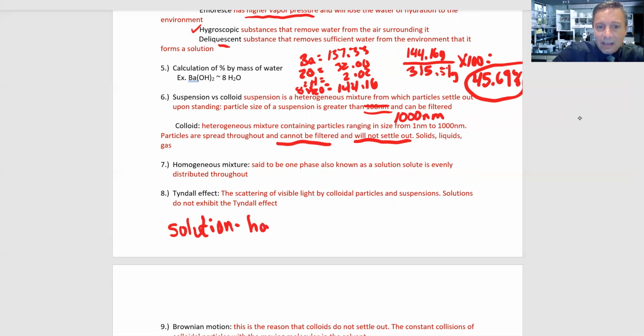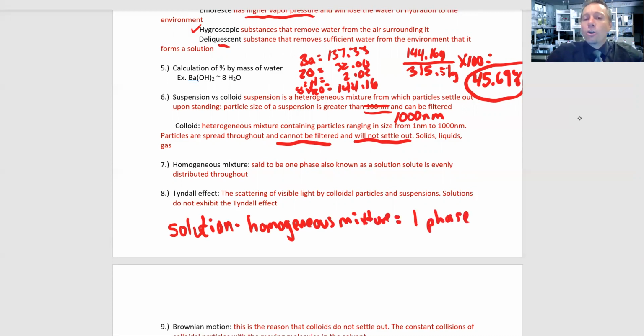That is a homogeneous mixture. One phase throughout. Now the particles are less than or equal to 1 nanometer.